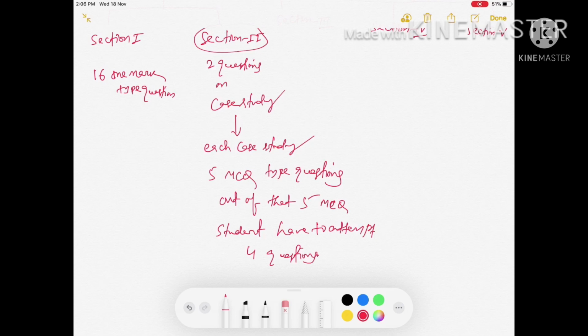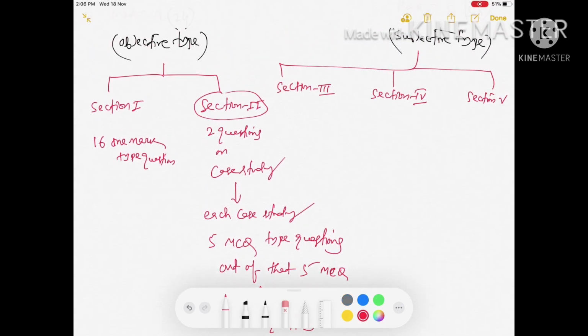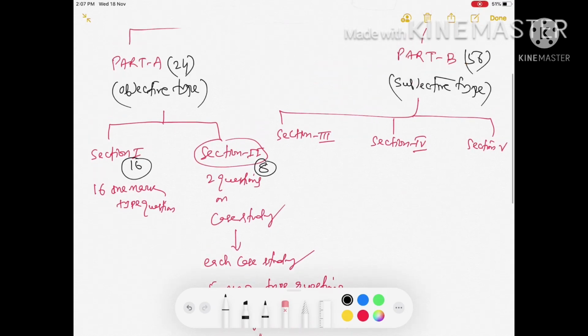That means section 1 will contain 16 marks and section 2 will contain 8 marks, and this 16 plus 8 will be 24 marks.